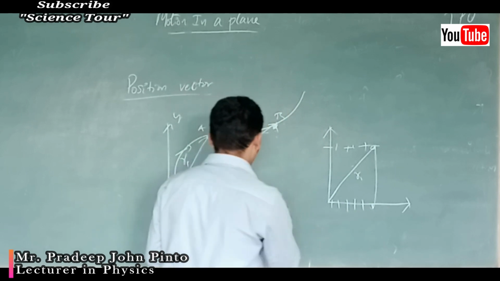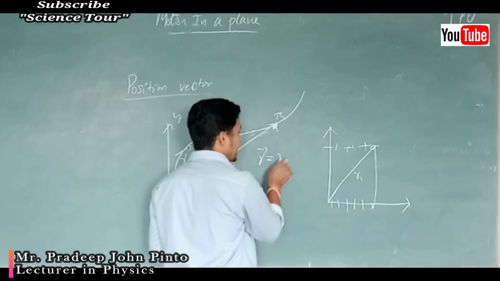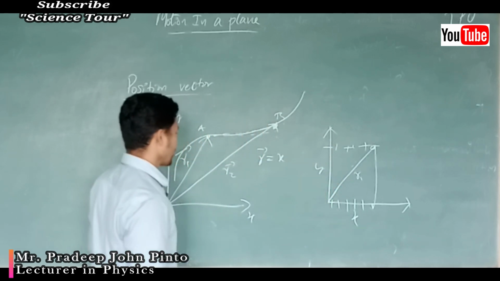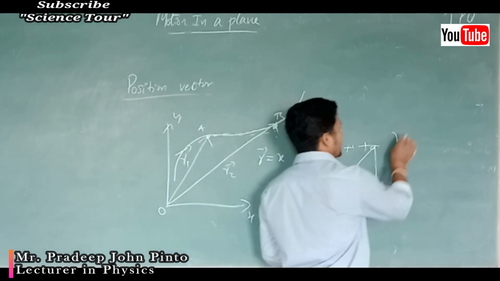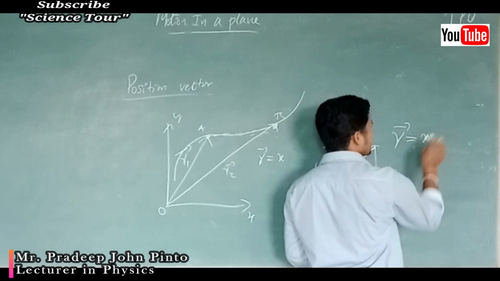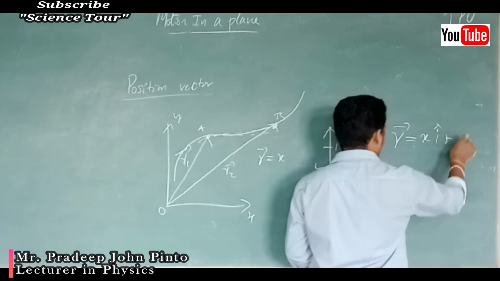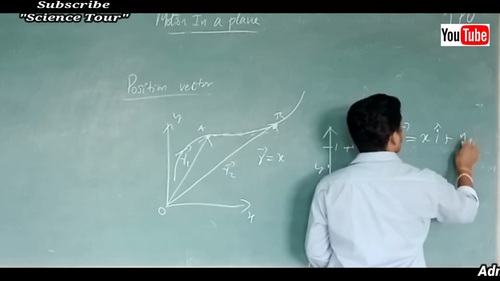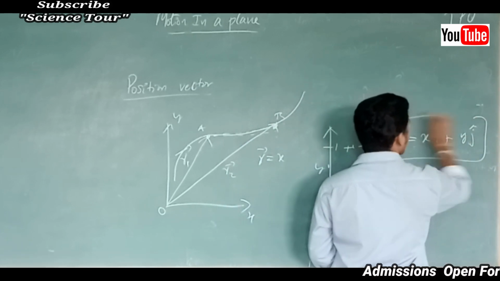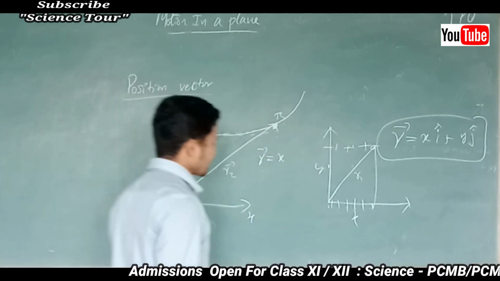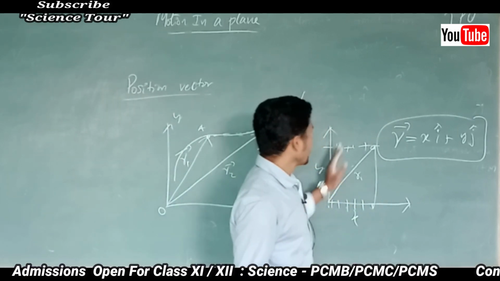So in R, x and y terms are included. What I will do is write R vector as nothing but x in i cap plus y in j cap. In this way I can write the position vector, because it is moving this much in the x axis and this much in the y axis.